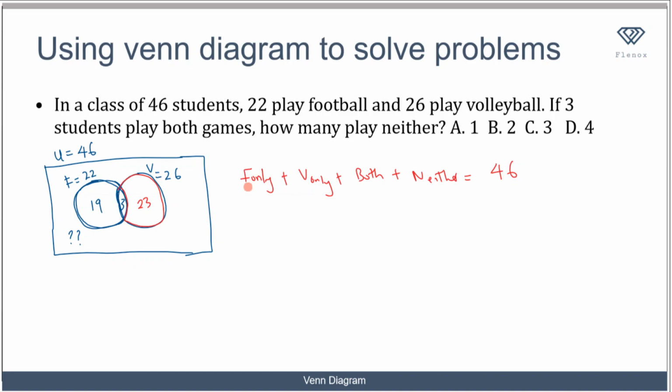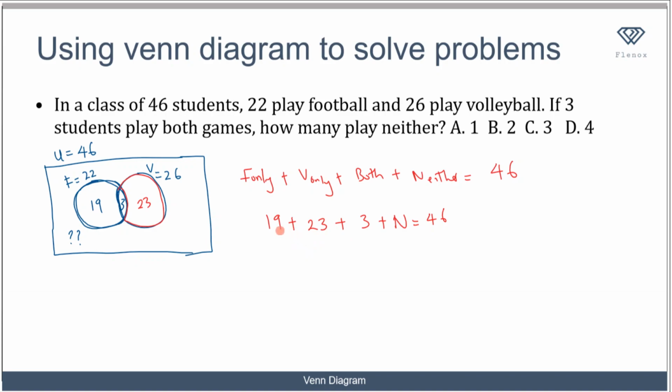So the number that play football alone is 19. The number that play volleyball alone is 23. The number that play both of them is 3. And the number that play neither, which I will call n, must make the total equal to 46.